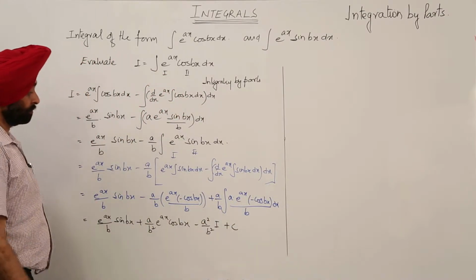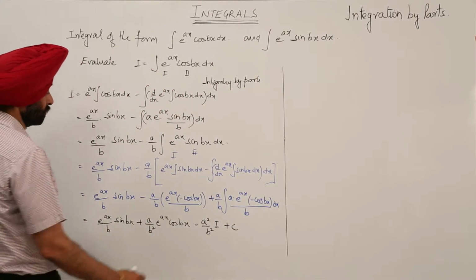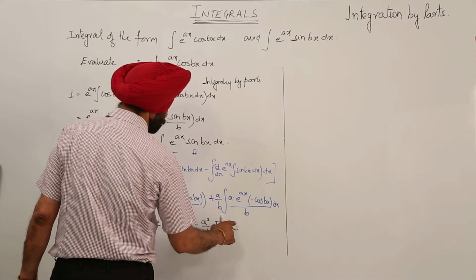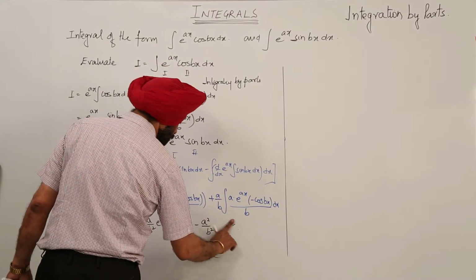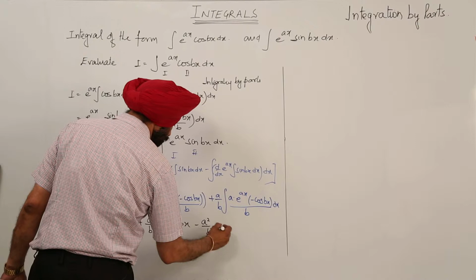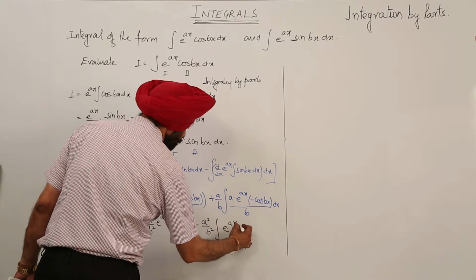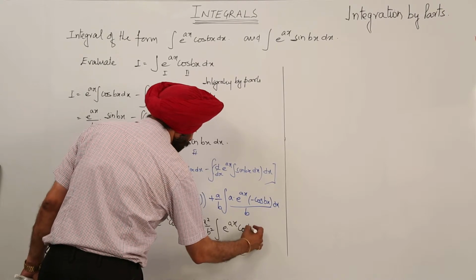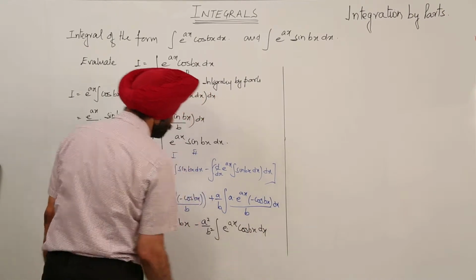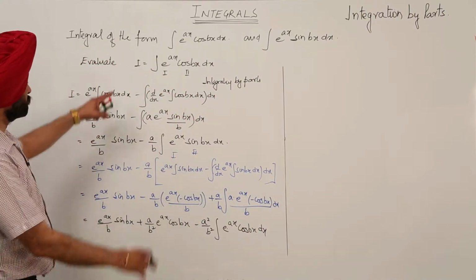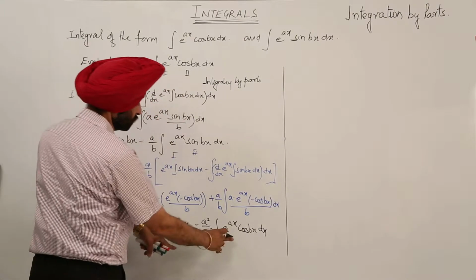Just check it. What we are having? Okay, let me write it. A square upon b square integration of e raised to power ax cos bx dx. So need not be confused, because this is the question.